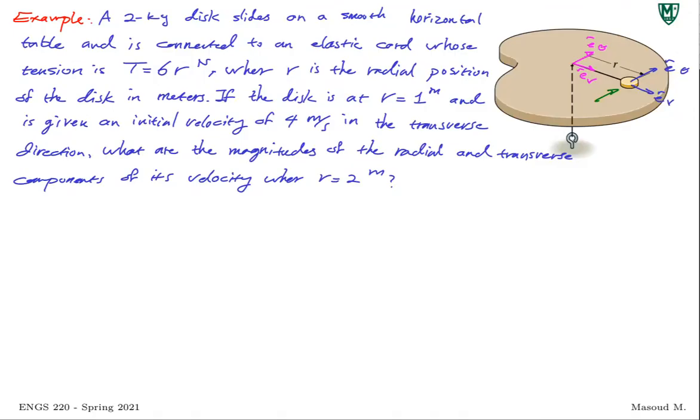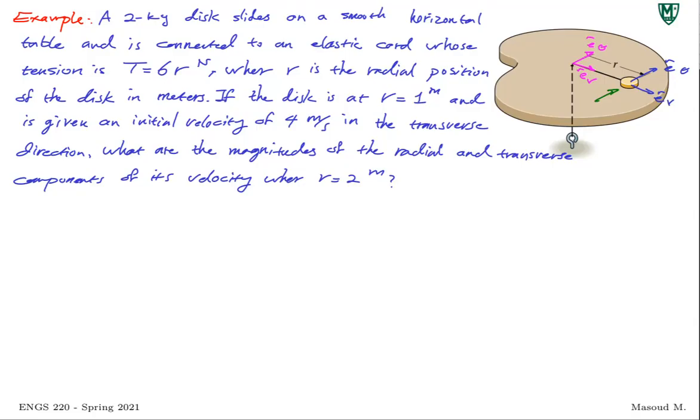I gave you the problem statement. The idea was that we have a 2 kilogram disc sliding on a smooth horizontal table, meaning just forget about the friction when we see smooth. This disc is connected to a hook somewhere on the ground through an elastic cord passing through a hole.